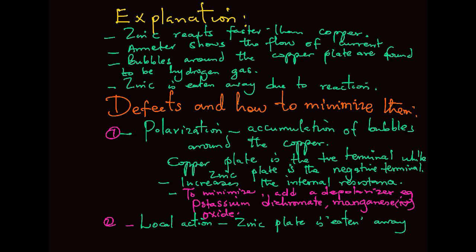Impurities in zinc promote local action. Local action can be minimized by using pure zinc or coating zinc with mercury, in what we call amalgamation. So you can carry out amalgamation to minimize local action.